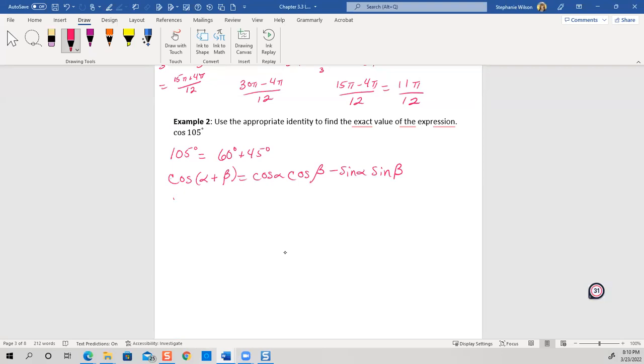Now we know what it is. Well, I know that cosine of 105 degrees is cosine of 60 degrees plus 45. And now I can plug it into our given formula. So my alpha is going to be 60 degrees. My beta is going to be 45 degrees.